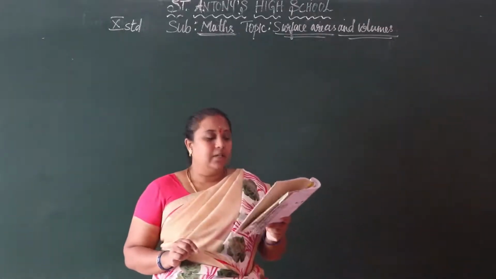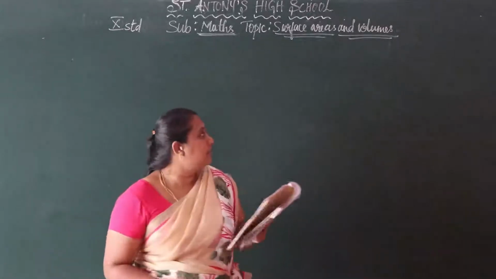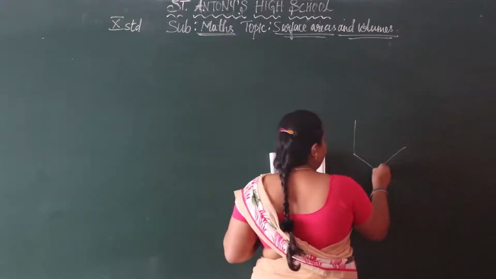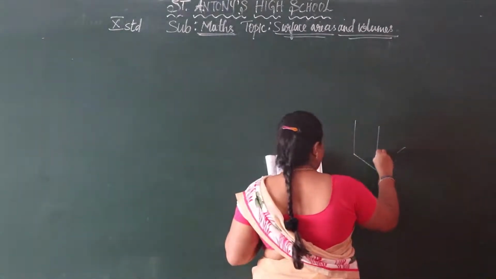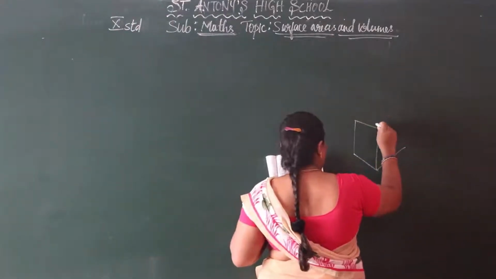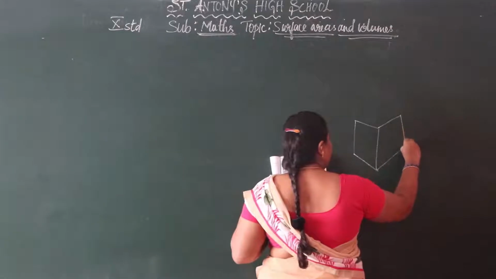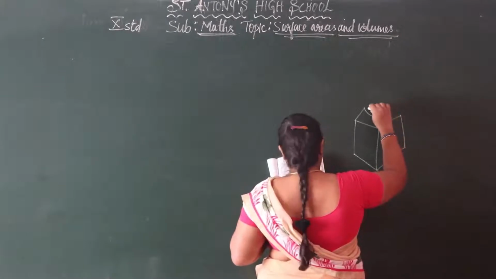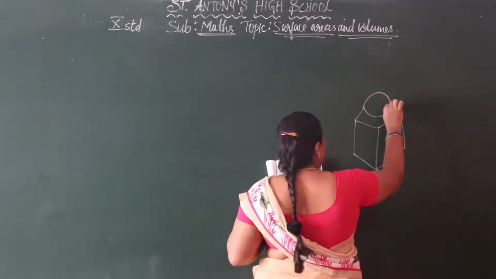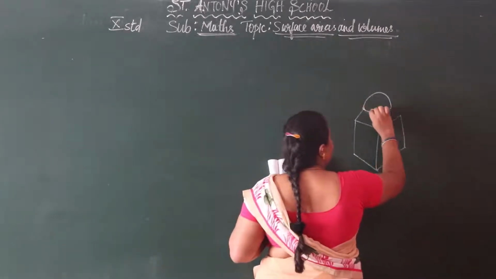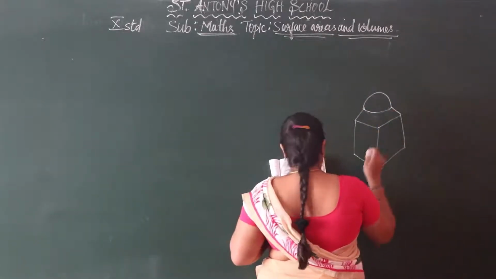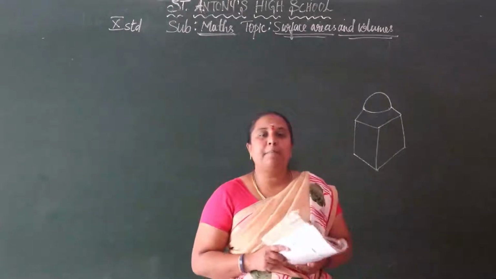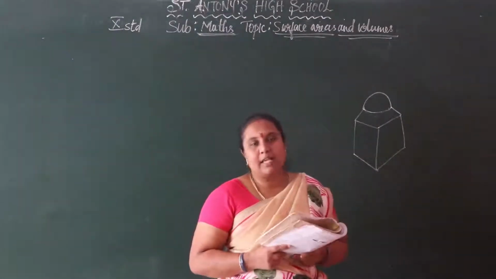Here we have two solid shapes. On the upper part of the cube you have a hemisphere.